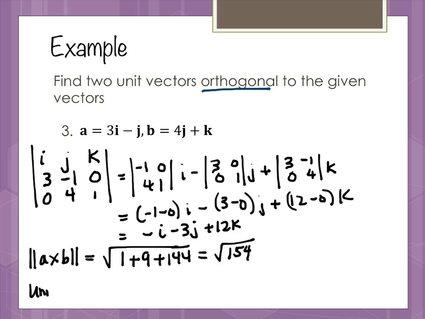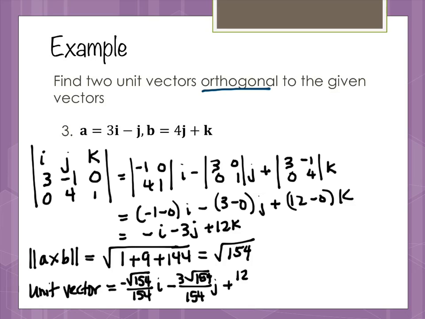And so my first unit vector, I should say, is going to use this square root 154. So it's going to write square root of 154 over 154, and it's negative I. And then I'm going to have minus 3 square root of 154 over 154 j, and then plus 12 square root of 154 over 154.